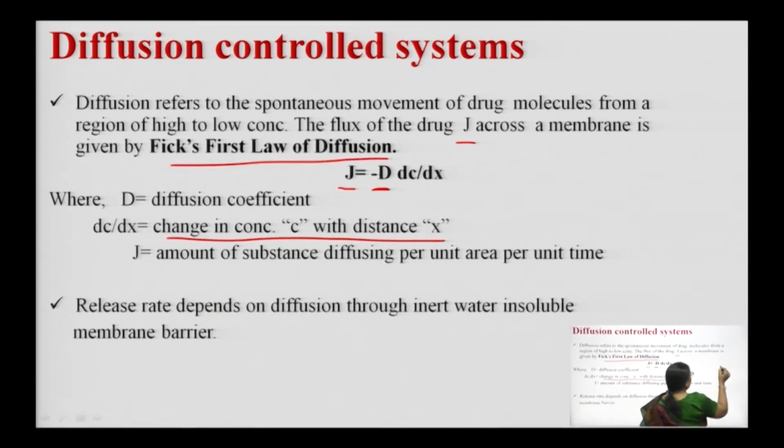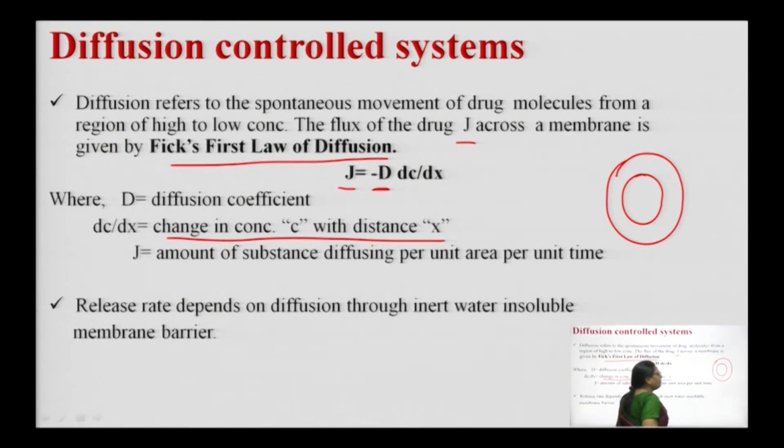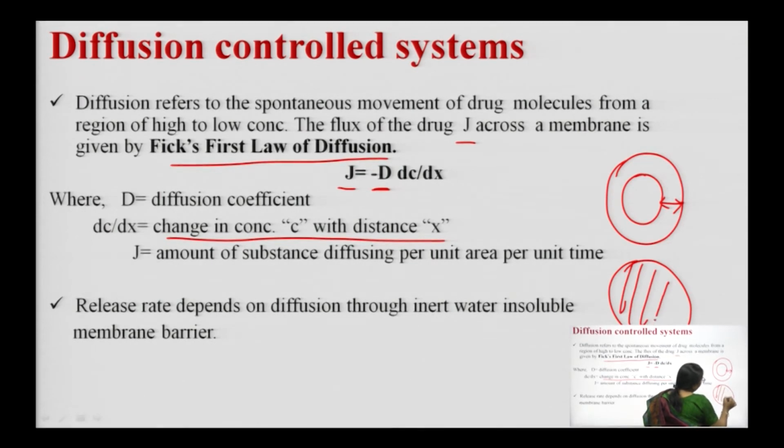Supposing we are talking of a diffusion controlled reservoir type of system, in that case this distance x will be the thickness of the coat. If we are talking about a matrix type of system, as the drug is released from the outer layers of the matrix, the outer layers will become depleted and the distance will progressively increase, right.